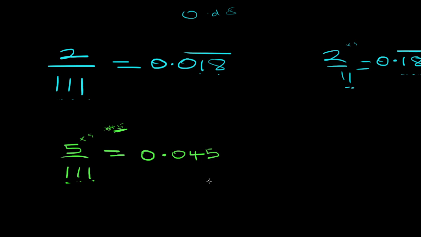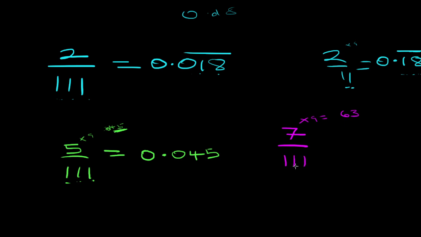Let's take another example. So let's assume we want, say, 7 over 111. I just want to be consistent. So what is 7 times 9? Remember? That will give us 63.